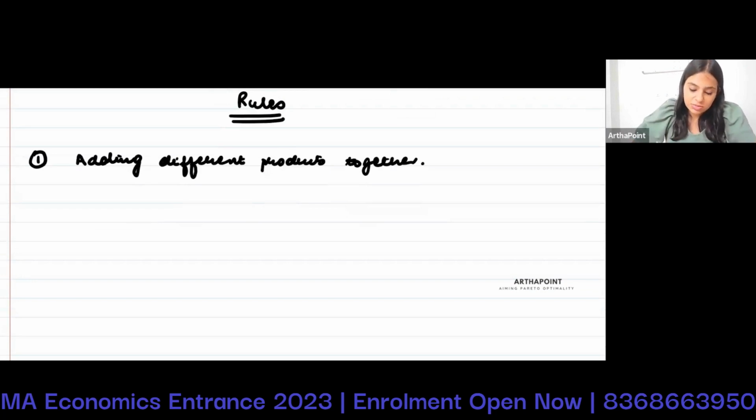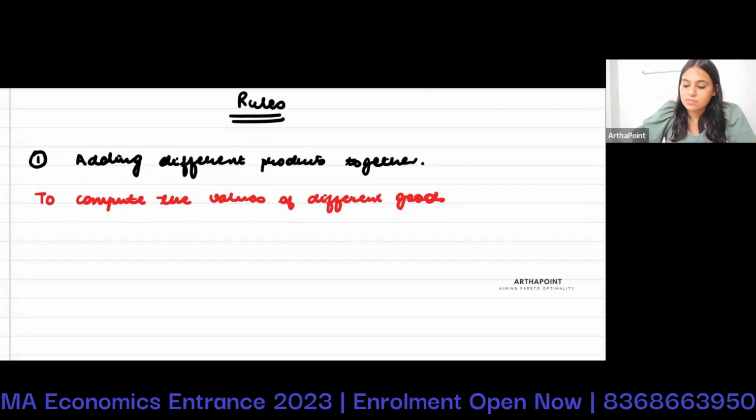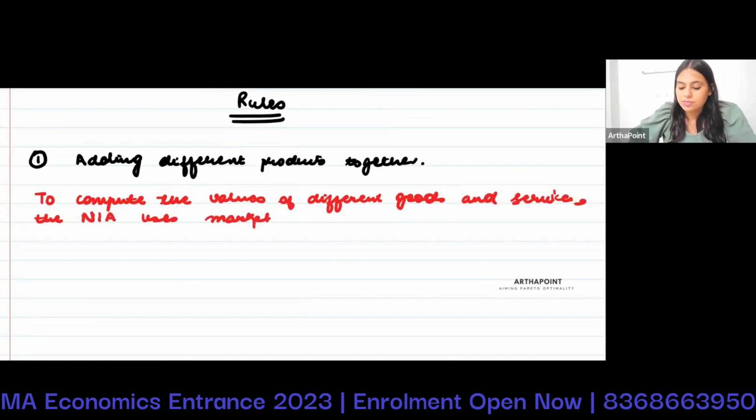So please write down the first rule: to compute the values of different goods and services, the national income accounts, I will write NIA forever, use market prices.